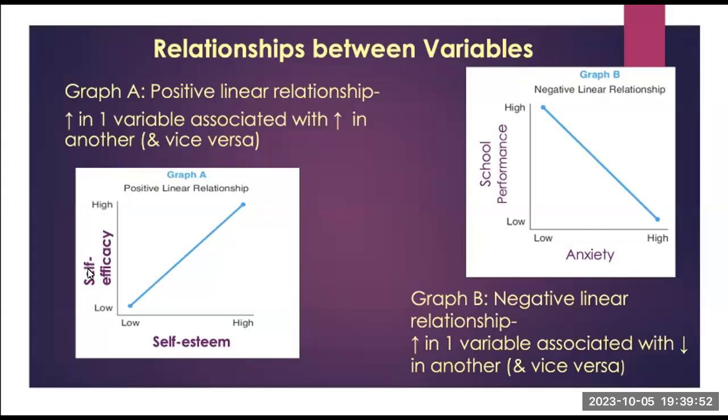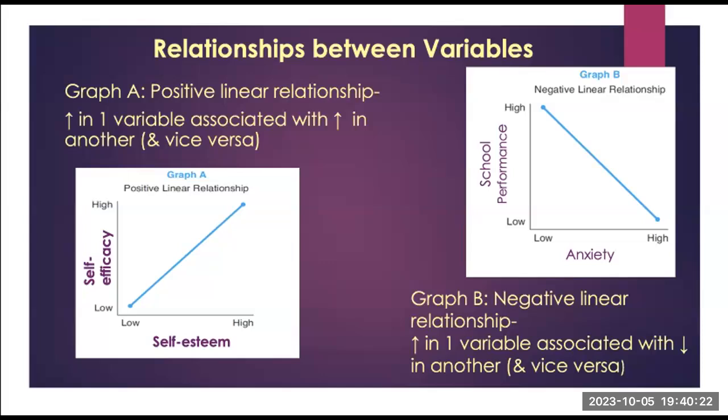We measure the dependent variable because we believe that a change in the independent variable will cause a change in the dependent variable. So as we can see, as somebody's self-esteem increases, you go from low to high, their self-efficacy increases as well. So the values move together, and so we say it has a positive linear relationship.